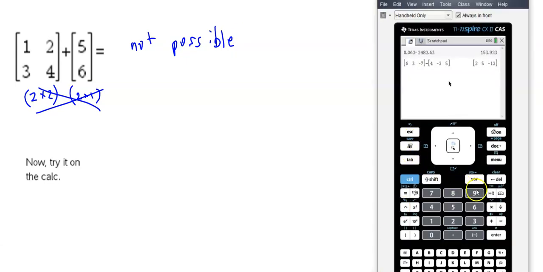If we type in a 2 by 2 from a template, 1, 2, 3, 4, plus a 2 by 1, 5, 6, it says dimension mismatch. So it gives you an error message because you can't do it.